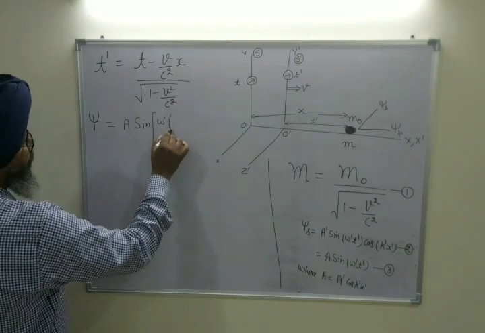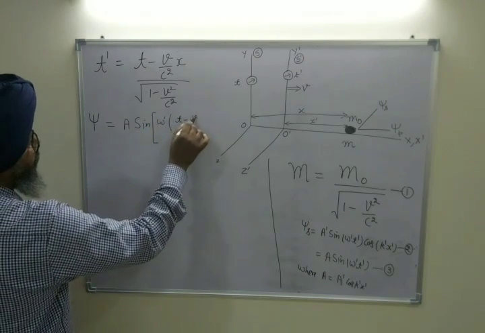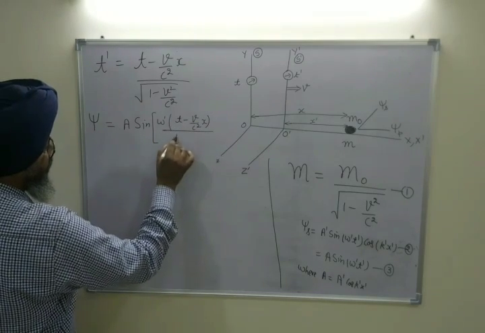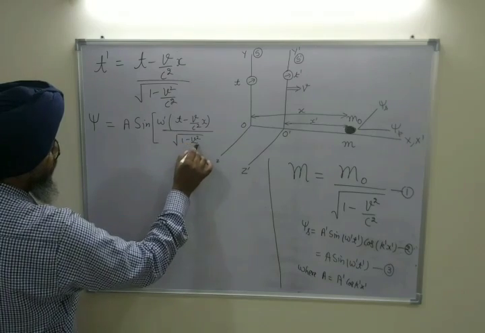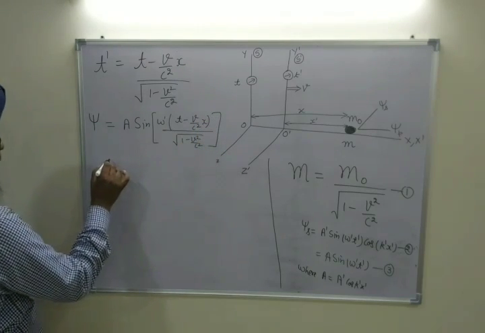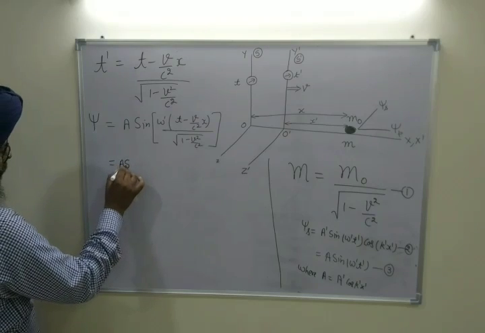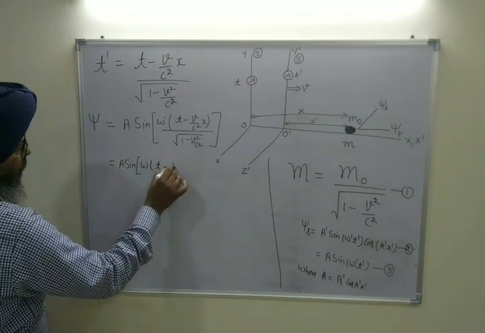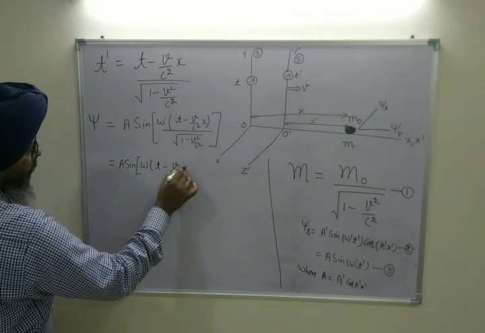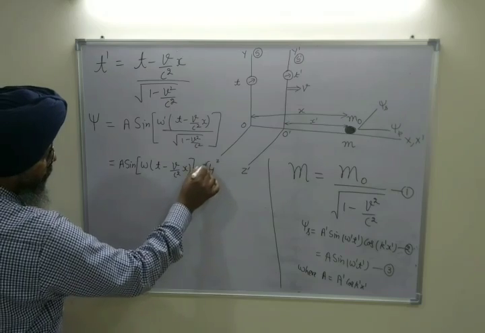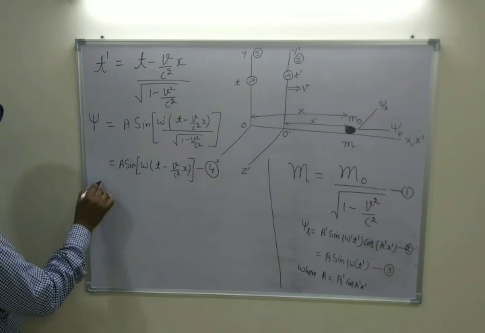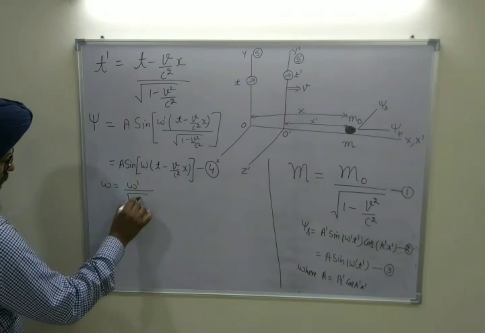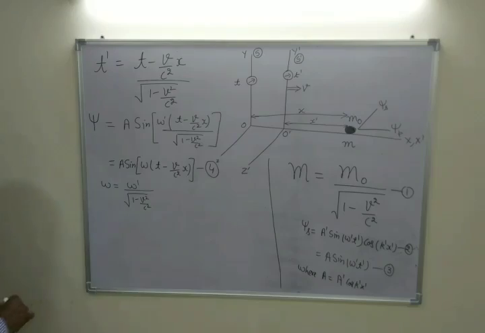Instead of t dash, I would rather put t minus v upon c square x upon square root of 1 minus v square by c square, and in the next line I can write it as A sine omega into t minus v by c square x. Let us say this is equation number 4. Here I have written omega equal to omega dash upon square root of 1 minus v square by c square.